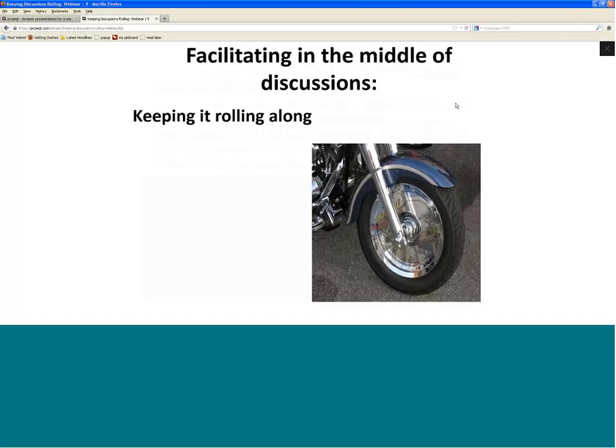One of the points on the rubric is that the instructor should be appropriately funneling the conversation, engaging, re-engaging, directing, redirecting, appropriately closing the topics.